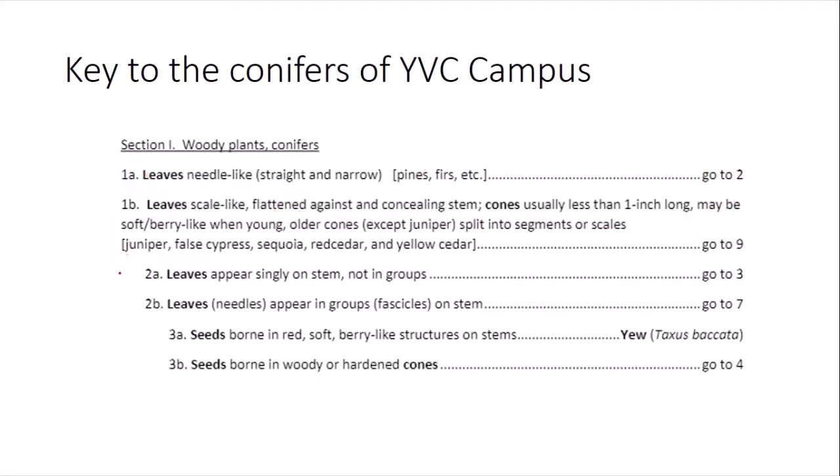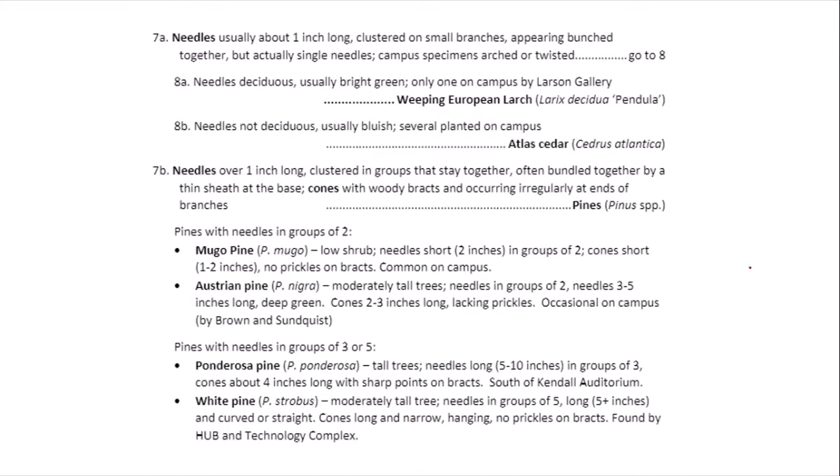All right, so on to choice number two. Leaves appear singly on the stem, not in groups, or leaves, the needles, appear in groups, fascicles. Yeah, they're in groups. Remember I said they're in groups of three. So we're going to go on to pair number seven, and that'll be in the next slide.